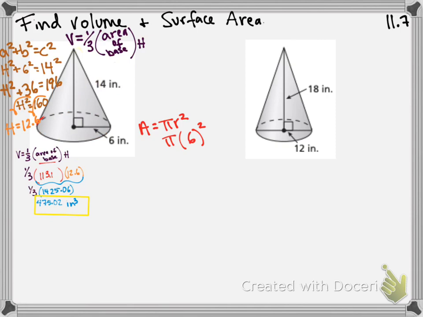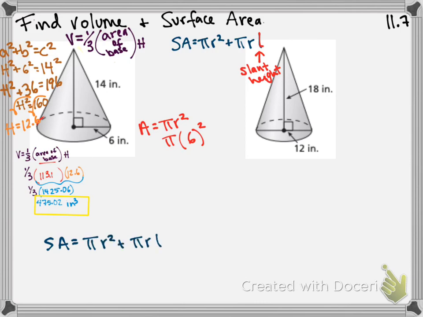Now we'll do the surface area. Surface area will equal pi r squared, this accounts for the circular bottom, plus pi times r times L. And remember that L stands for the slant height. Surface area equals pi times the radius squared plus pi times the radius times the slant height.